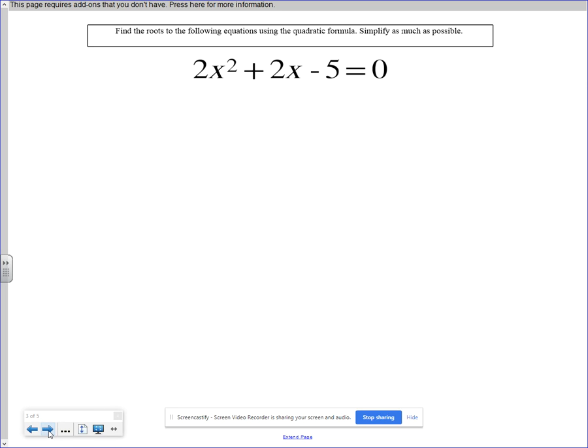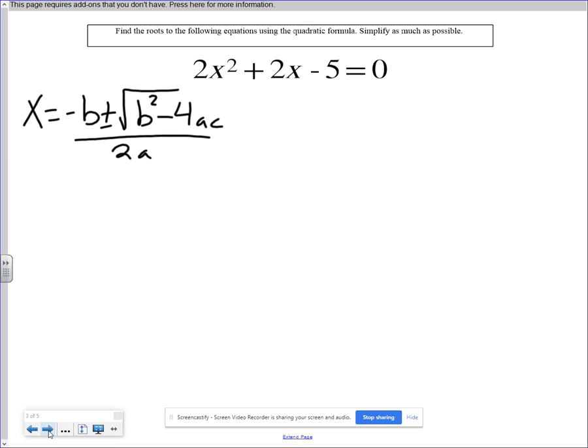So let's go ahead and take a look at 2 examples here. The first one tells us to find the roots to the following equations using the quadratic formula. Simplify as much as possible. So we have our quadratic formula here. So we have negative b plus or minus the square root of b squared minus 4ac all over 2a.